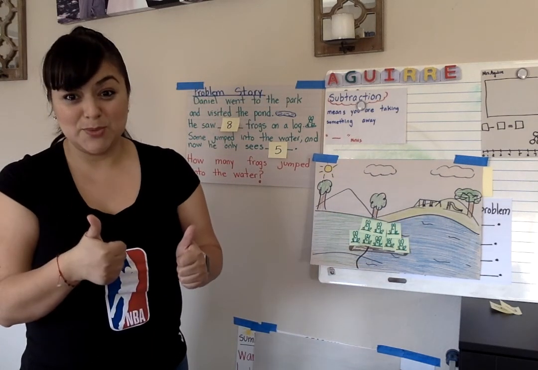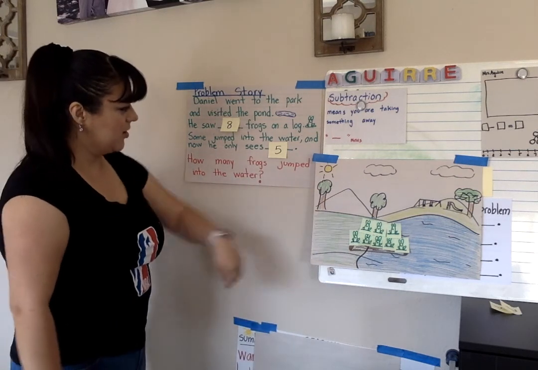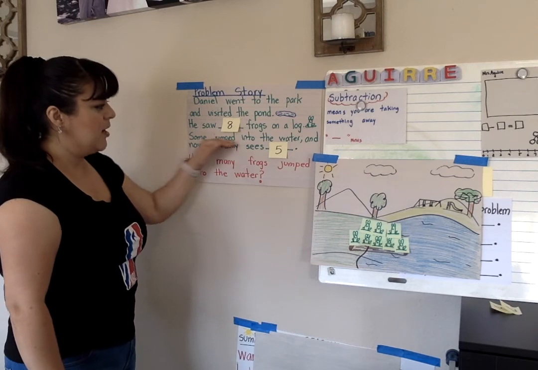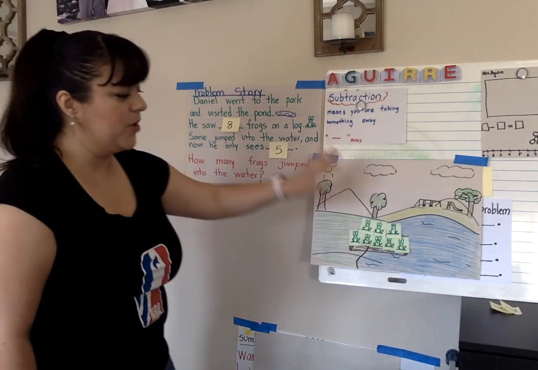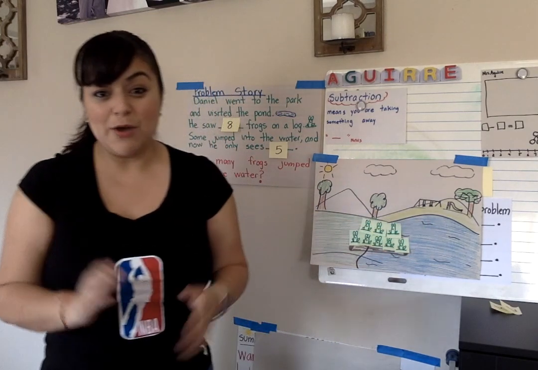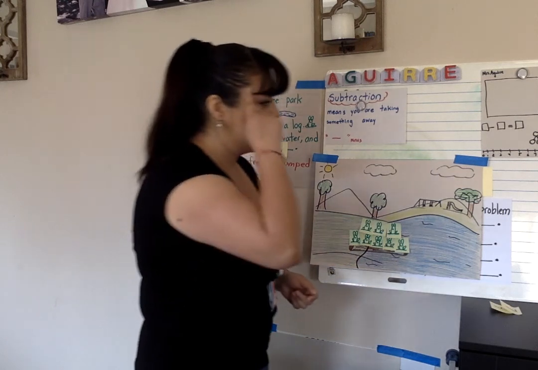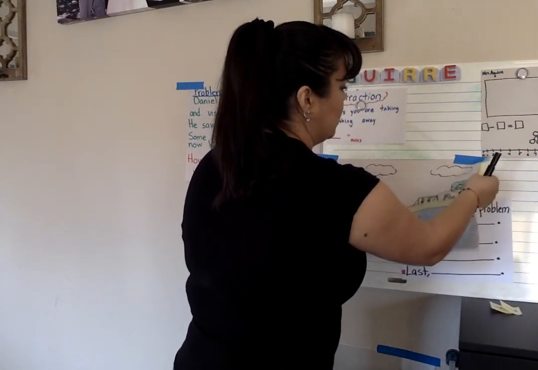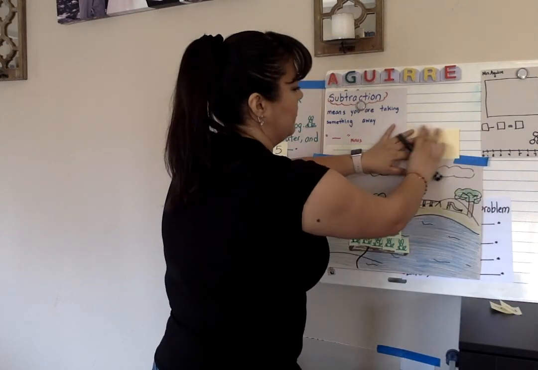Great. Okay, so we have 8 frogs on a log. Some jumped into the water. Now, we don't know how many jumped into the water. So let's keep that in mind when we're trying to problem solve.